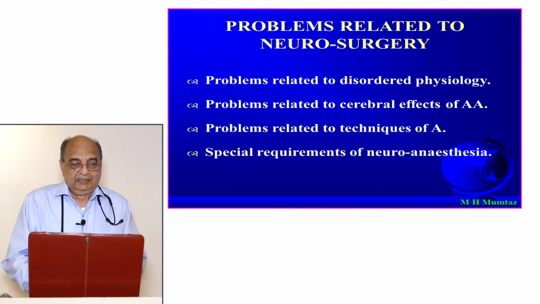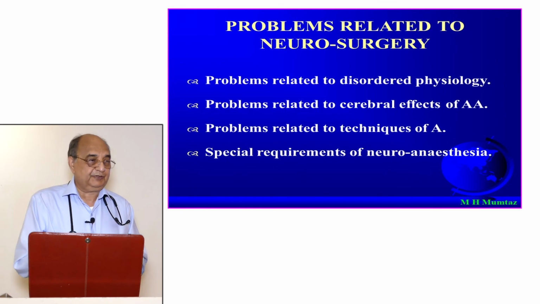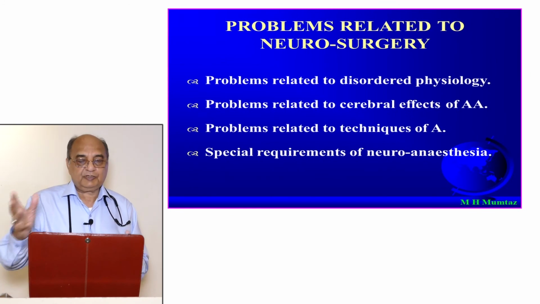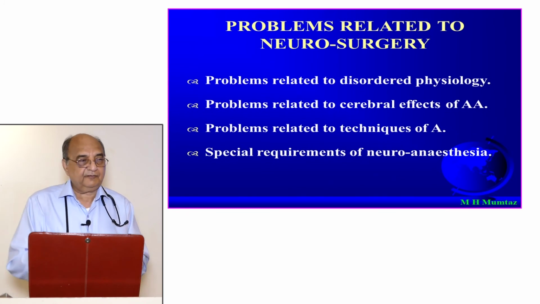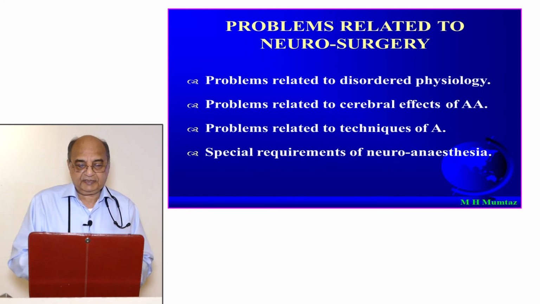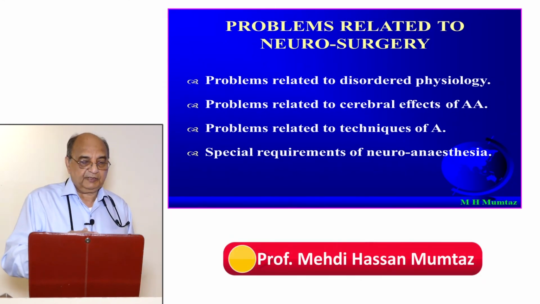Now, in a little bit more detail, what are the problems related to neurosurgery? Problems related to disordered physiology, problems related to cerebral effect of anesthetic agent, problems related to technique of anesthesia, and then the special requirements. You should keep these things in your mind, and you should be composed.